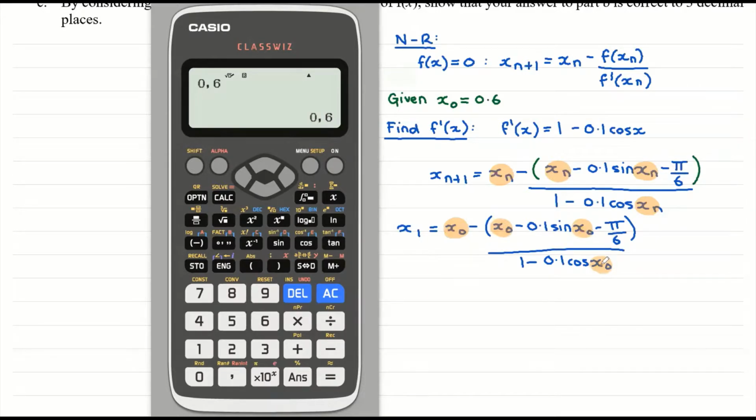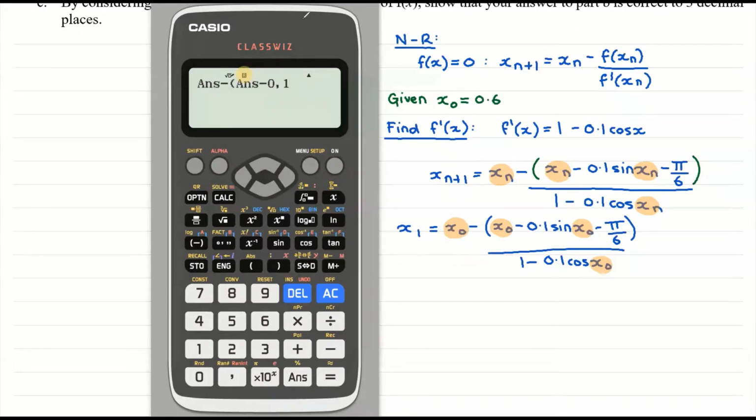Okay, so let's do this. 0.6 is the answer. So I'm going to have answer, subtract, let's open a bracket, answer again, subtract 0.1. And I forgot to mention, but make sure you're on radians, of course, here. It's really important because we're using trig here.